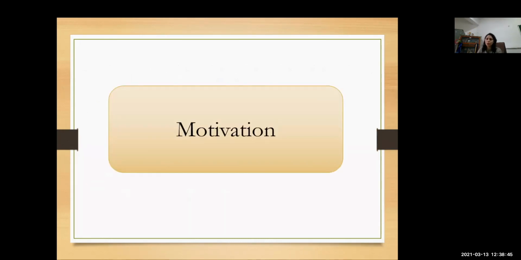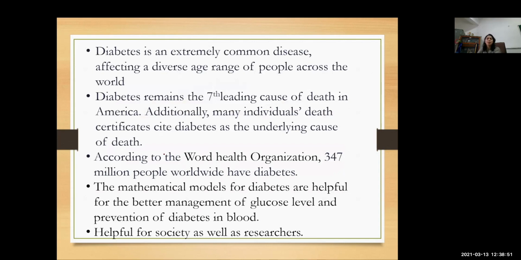So, what is the motivation? Why has this particular topic been chosen to develop the mathematical model? Diabetes is an extremely common disease affecting a diverse age range of people across the world. Diabetes remains the seventh leading cause of death in America. Additionally, many individuals' death certificates cite diabetes as the underlying cause of death.